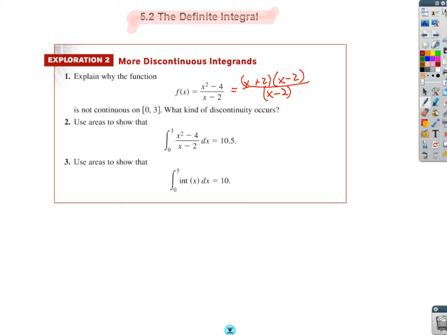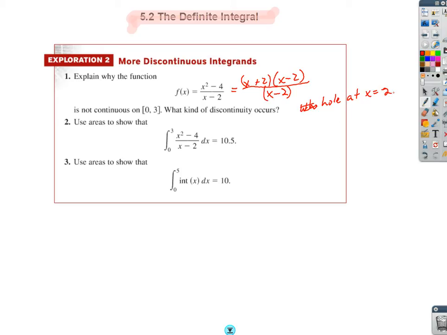Because they cancel, I have a hole at x equals positive 2. That's the type of discontinuity.